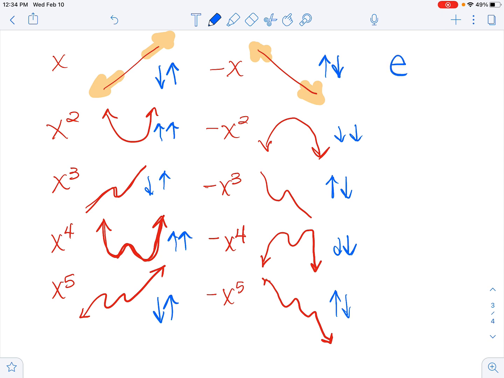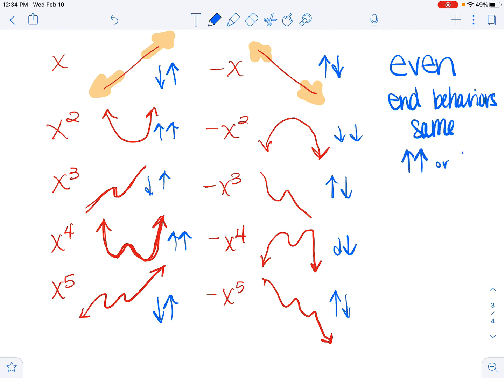All of the even ones, if it's got an even degree, the end behaviors are going to be the same. So it's going to either be up, up, or it's going to be down, down. If it's an odd, it is either going to be down, up, or it's going to be up, down.